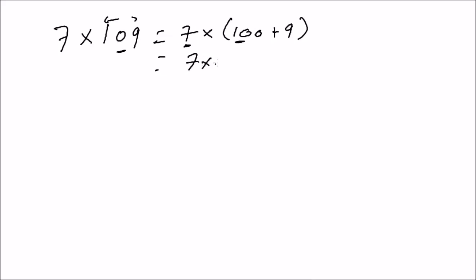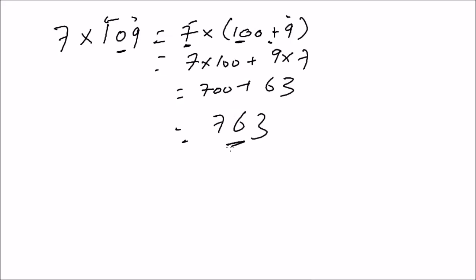So 7 into 100, and put a plus sign here. Then multiply the number outside the bracket with 9, so you get 9 into 7. So you get 700 plus 9 into 7, which is 63. So your final answer would be 763. And this is the easier way in which you can multiply bigger numbers using the brackets.